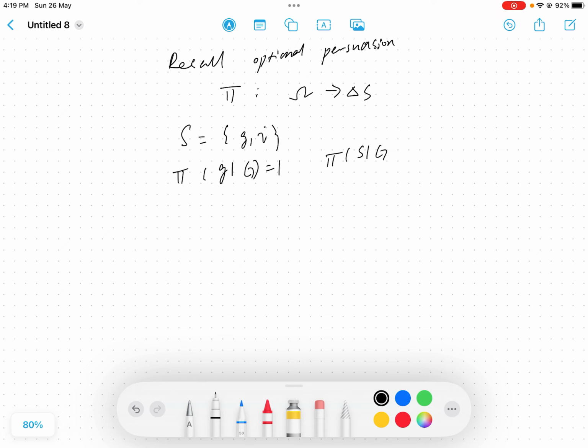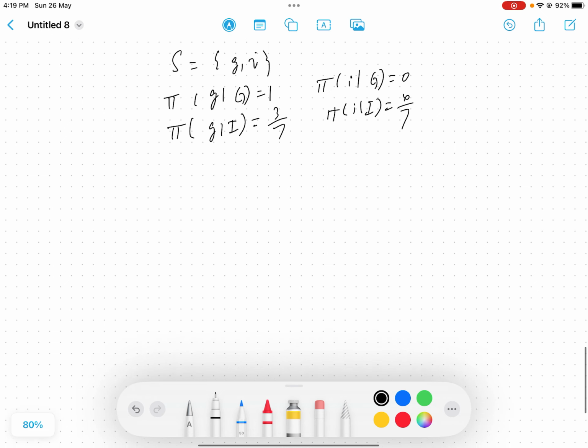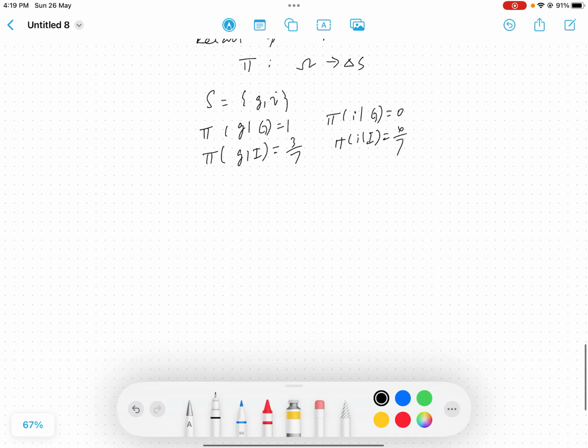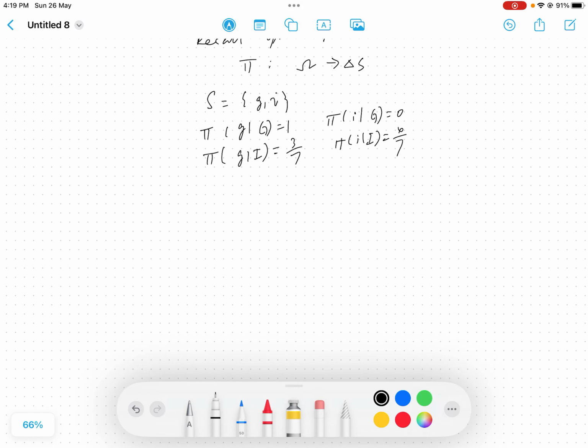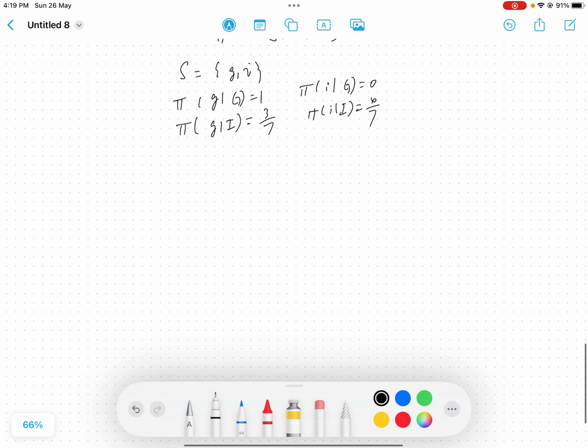So I given g, this is 0, and g given i is 3/7, and i given i is 4/7, okay? Recall those results from previous videos. Actually, those pi's can be calculated, or derived, from the outcomes.